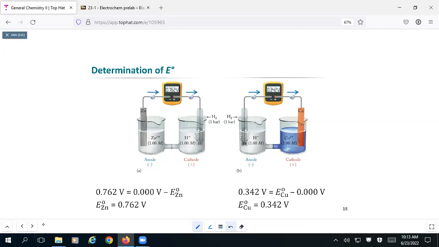Zinc, on the other hand, zinc was oxidized. So as an oxidizing potential, it's 0.762. As a reduction potential, it's actually the opposite.